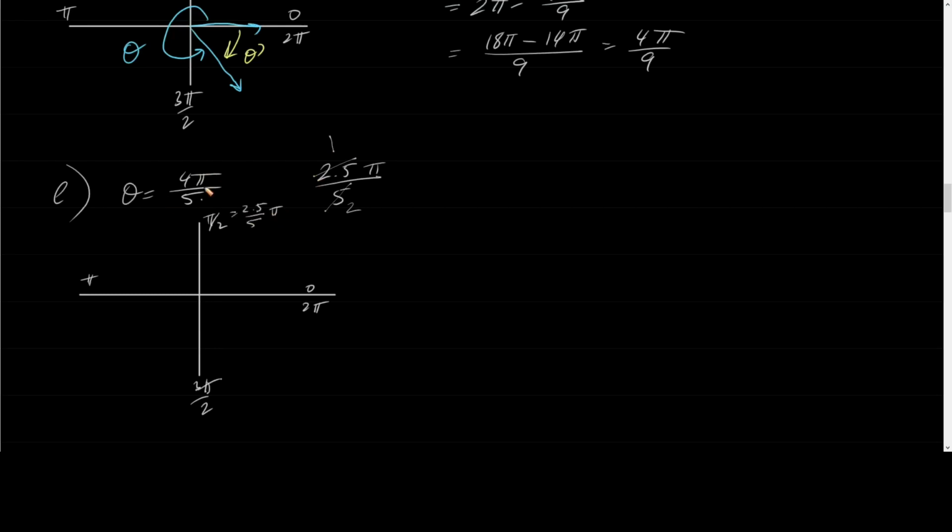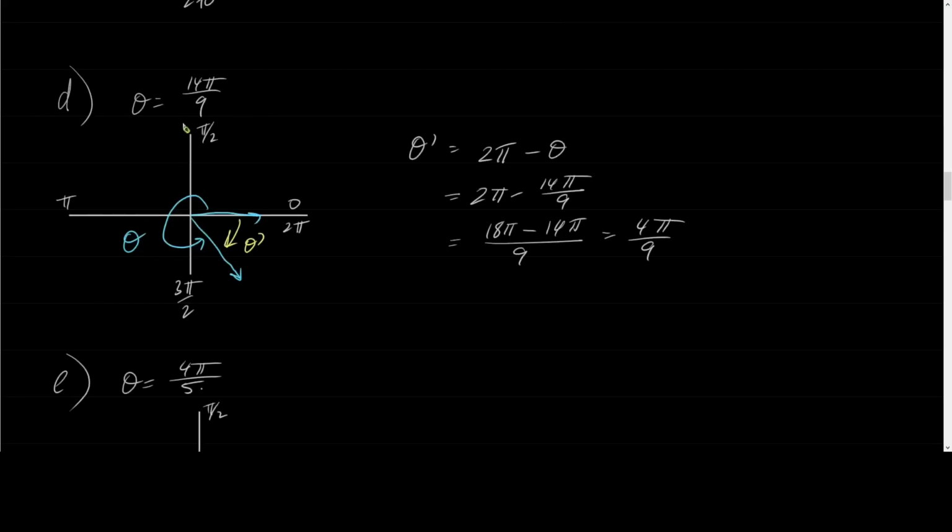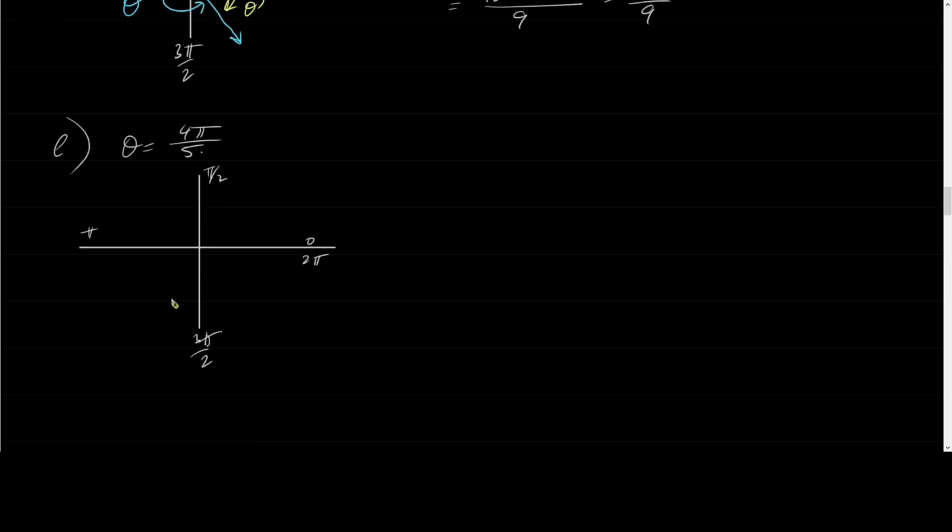So 4 pi over 5 would definitely be in this quadrant over here. So that's one possible way to think about it. Another way you could have done it is the same way that we did the last one, comparing 14 pi over 9 and 3 pi over 2. But in any case, we have our terminal side in the second quadrant.